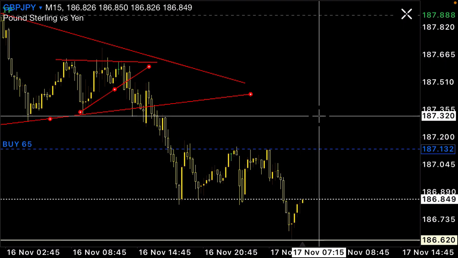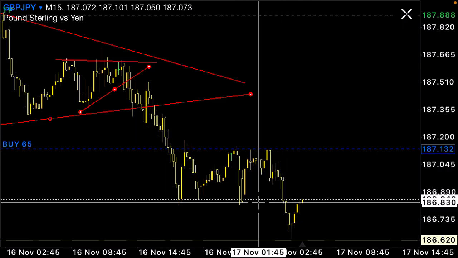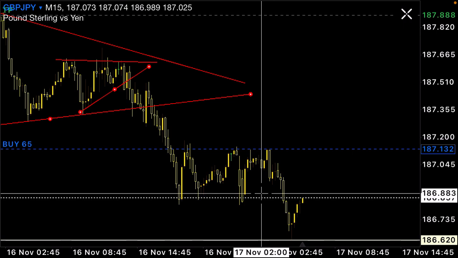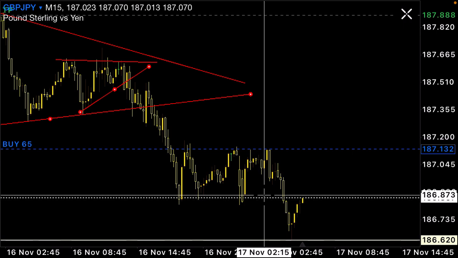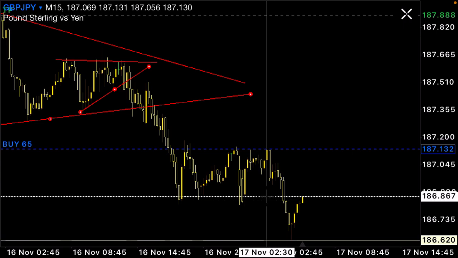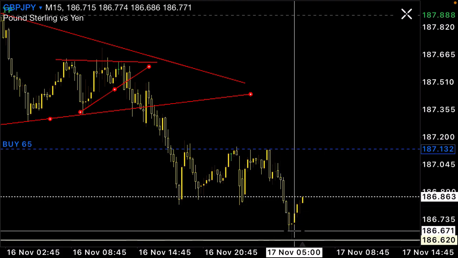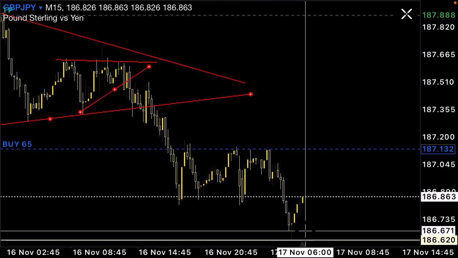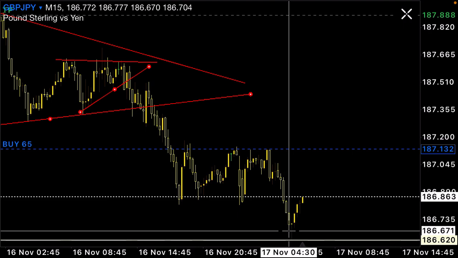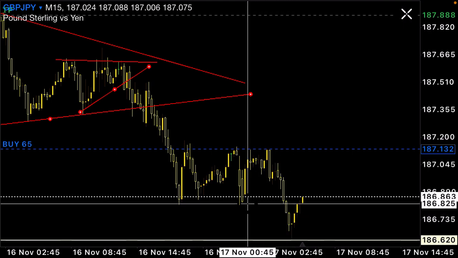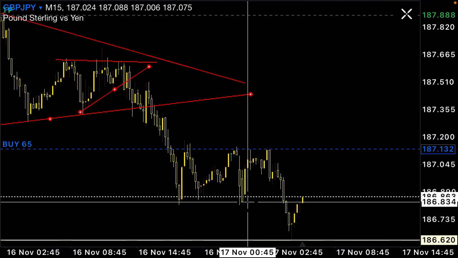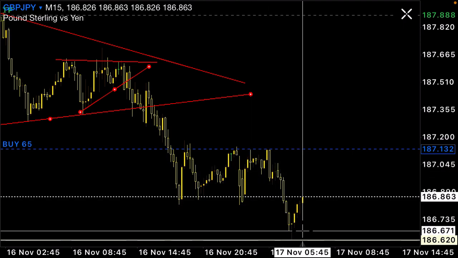I actually placed the trade when I was way down here, but I got out of the trade too early. Way too early. I got out right there because I thought it was going to keep going down, because I was expecting it to come down here where it is right now, all the way down there. But it didn't do it until this one.